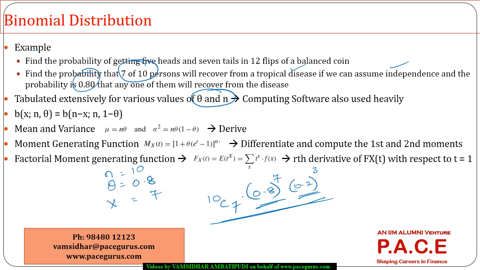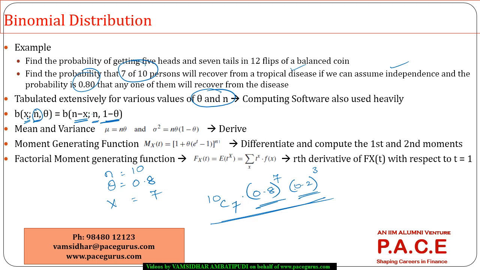One more important point to understand in this context: when I am looking at a binomial distribution where x successes are looked at in n trials, it is the same as getting n minus x successes in n trials where the probability of success is 1 minus theta. Both of them will give me the same number, because you can look at it with respect to failures or successes.